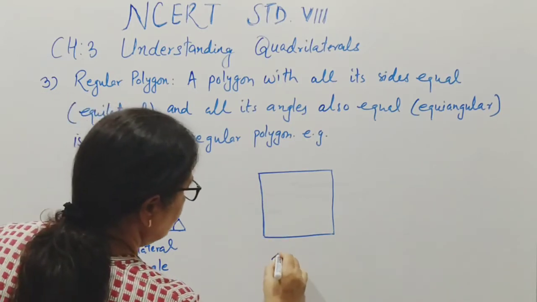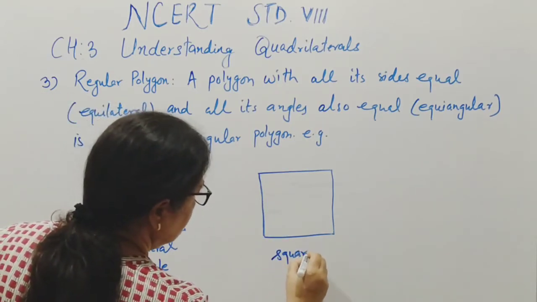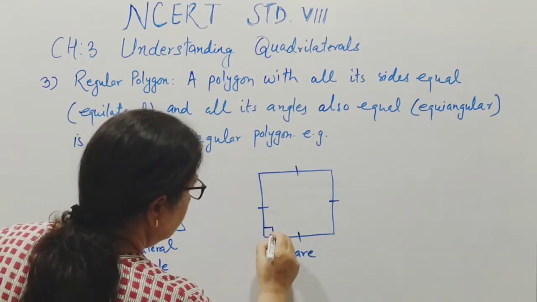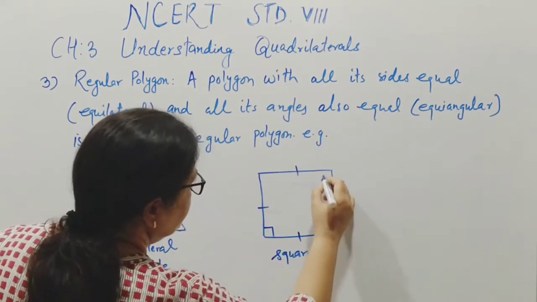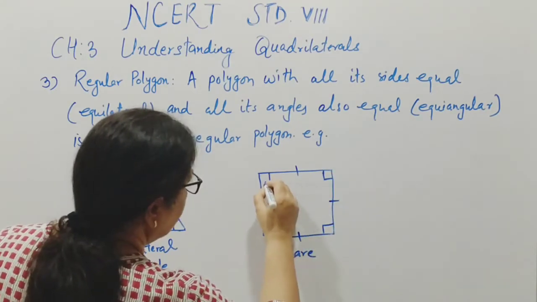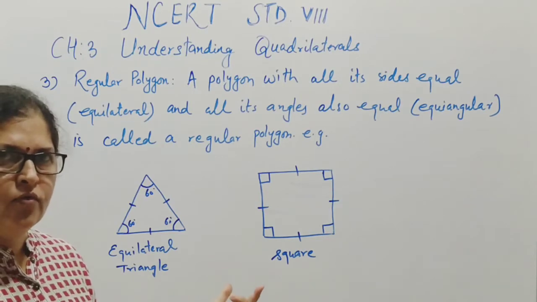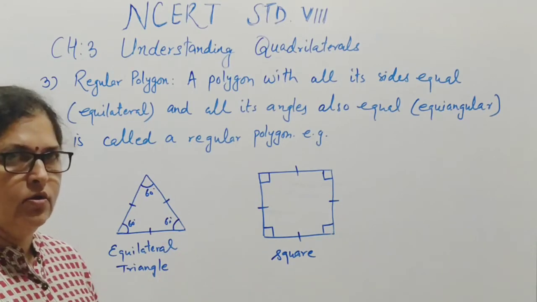And this is a square in which all the four sides are equal and all the four angles are of 90 degree. So these are the examples of regular polygons.